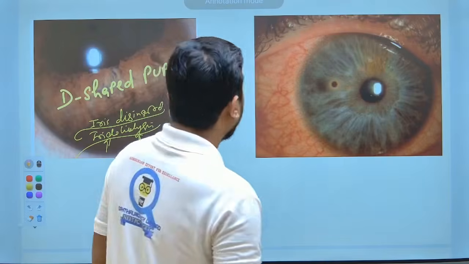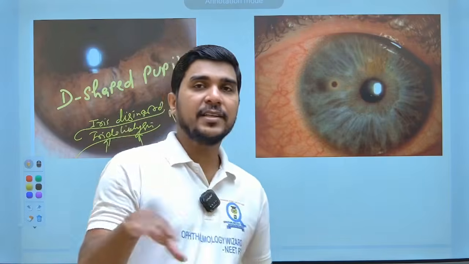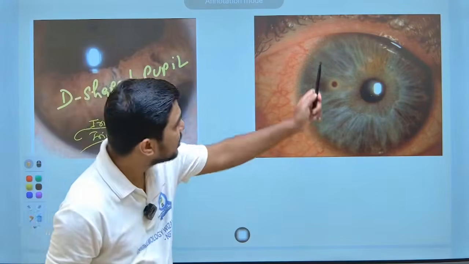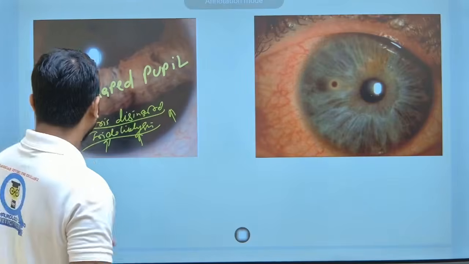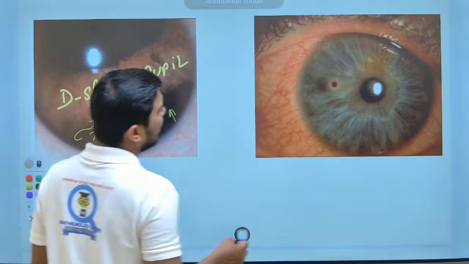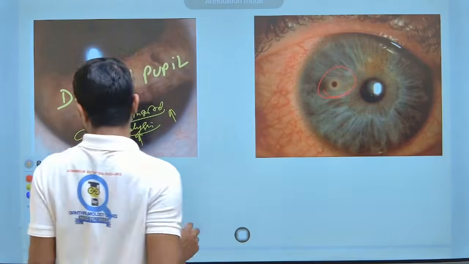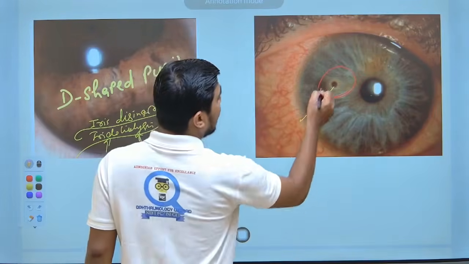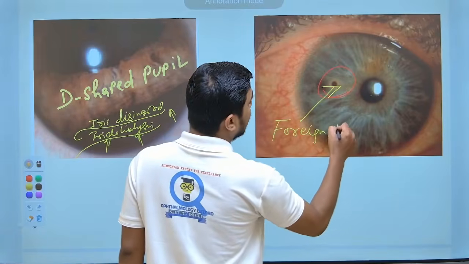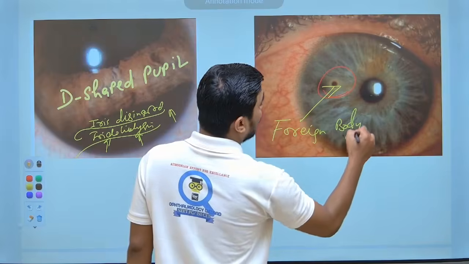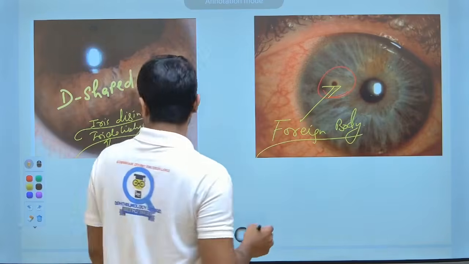Similarly, अगर एक patient है, some trauma is happening to his eye, and patient presented with this type of picture, then what will you observe, what will you tell? I will tell there is something here. What is this? This is nothing but a foreign body. If you see a foreign body, what will you do?